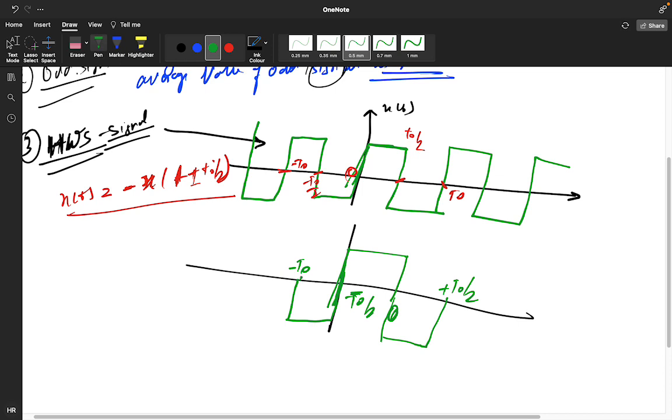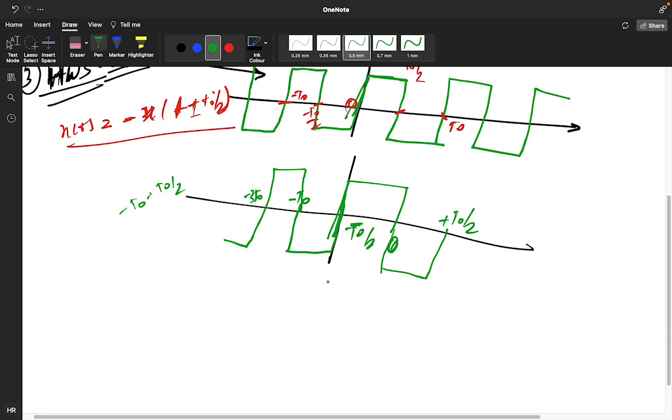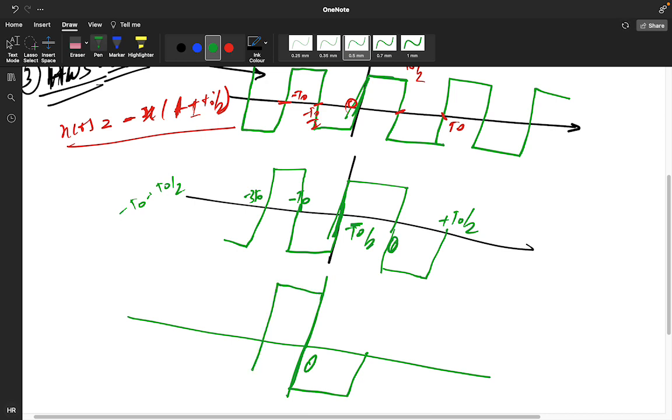So the signal is going like this, okay, and this minus t naught will become minus t naught minus t naught by 2, so minus 3 t naught by 2. Now you have that signal; I am drawing the 0 point here, and the signal has become like this.